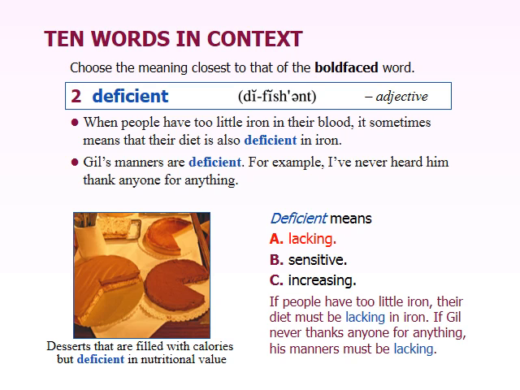The second example I would say is a little bit weird. It's saying that his manners are deficient. That's a little bit of an odd way to use it. I normally think of deficient as describing that something is missing or that there's not enough of something.